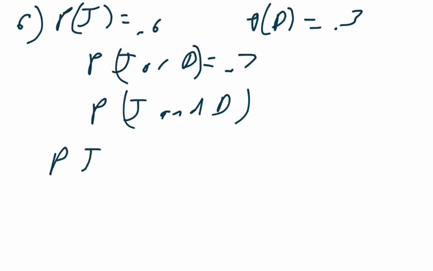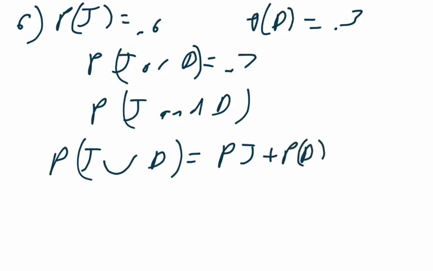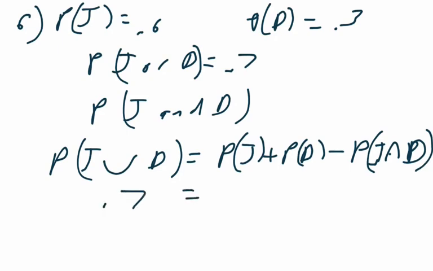So the probability of J or D is equal to the probability of J plus the probability of D minus the probability of J and D. So we know that the OR is 0.7, we know J is 0.6, we know D is 0.3, and we don't know the AND.